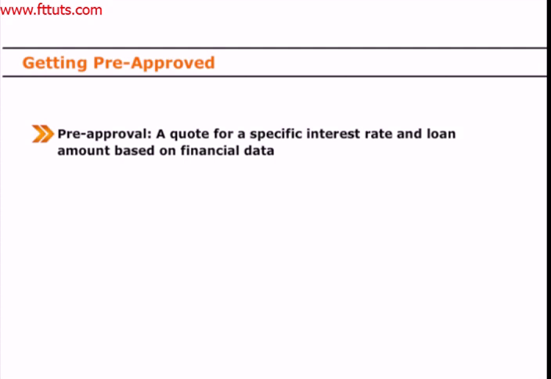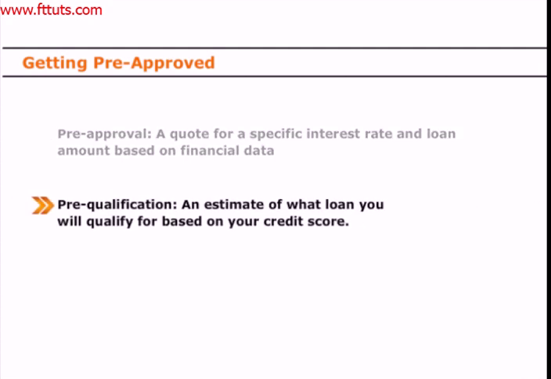The quote is based on financial information you provide the lender, including your debt-to-income level, your assets, and your credit score. Lenders also use the term pre-qualified when referring to a buyer's loan status. Being pre-qualified is less desirable than being pre-approved because it is simply an estimate of what the lender thinks you are qualified for based on an evaluation of your credit score.